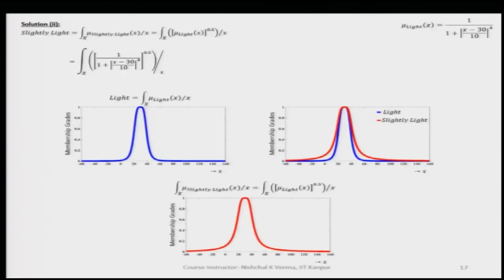Now let us take an example where we have to find a composite linguistic term for slightly light. For the linguistic term light we have a fuzzy set, which is represented by a continuous membership function mu light, a bell shaped membership function.